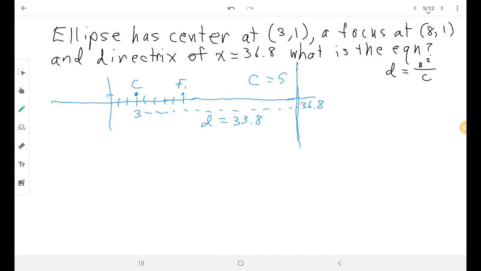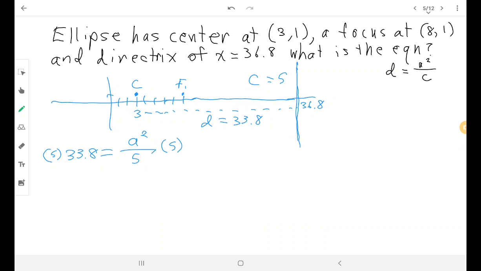And that'll get me what I need. So if my D is 33.8 and it equals A squared over C, and my C is 5, then I just multiply by 5 on both sides.